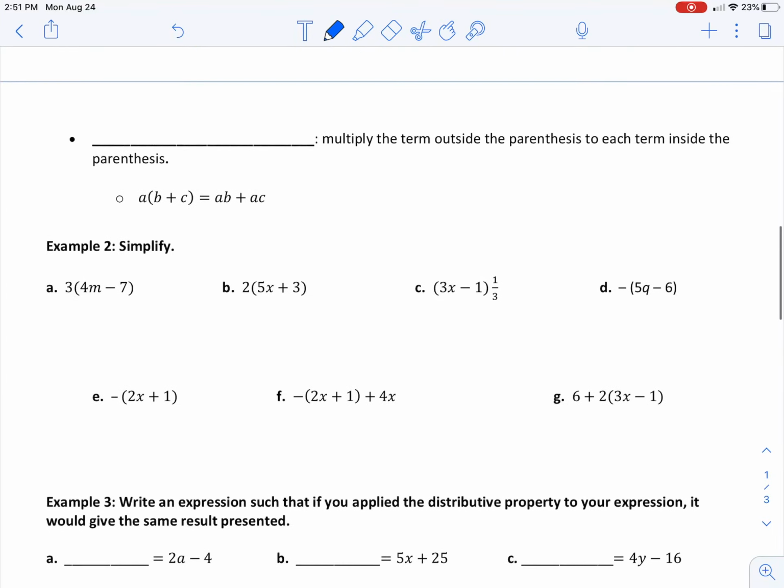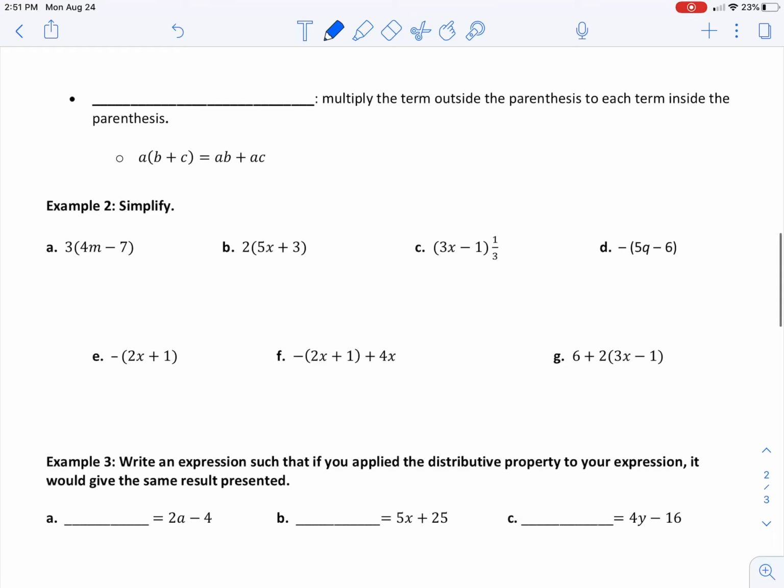Okay. Moving on, I know this is a term we have all heard or should have all heard in Algebra 1A or even in middle school. So we have something called the distributive property.